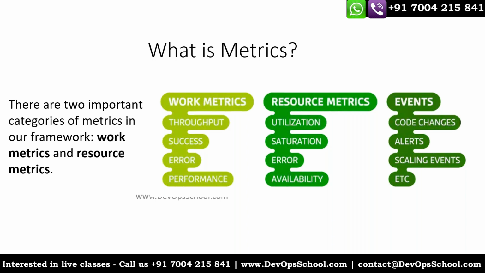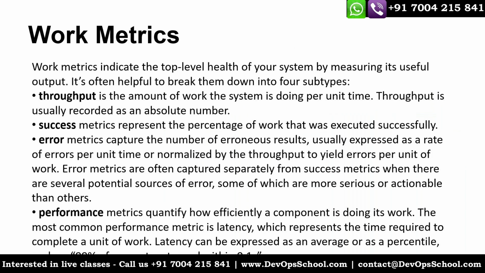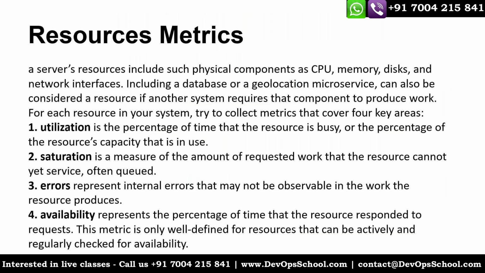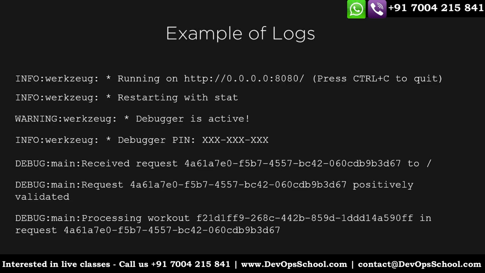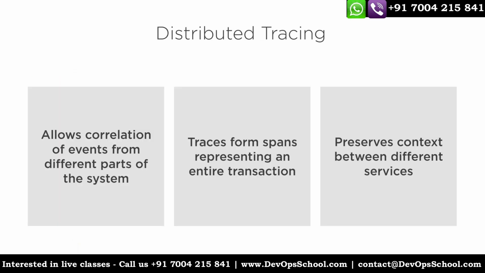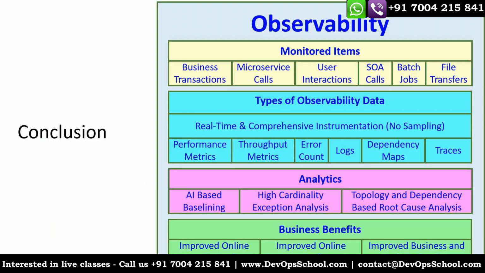With resource metrics, we get utilization, saturation, errors, availability, and with events, we get code changes, alerts, scaling events, etc. So these are the metrics we have. Resource metrics include disk, memory, and database; then event metrics, logs, traces.